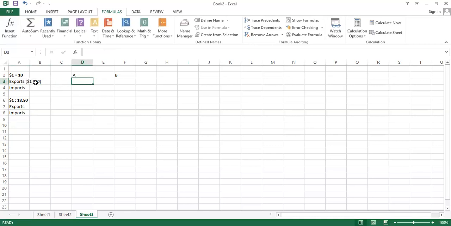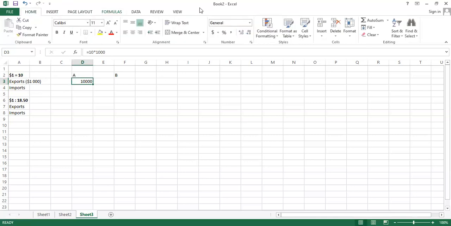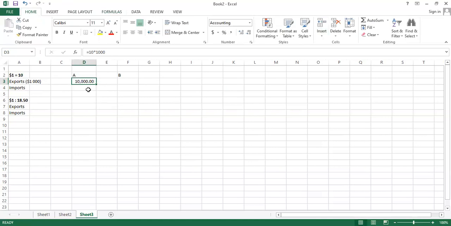If this guy wants to buy $1,000, how much is he going to spend in the country? If he's got $1,000, how many rands does he have? He's got 10 times 1,000, which means our fellow here can buy stuff that is worth 10,000 rands. So how do we go about that? We are simply multiplying 1,000 by 10 on the given rate.